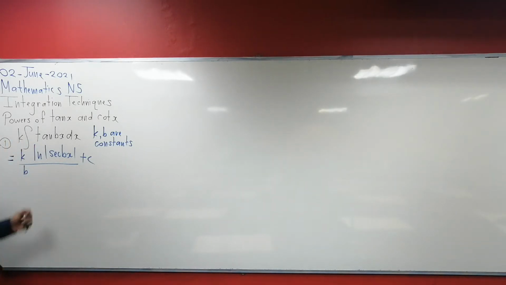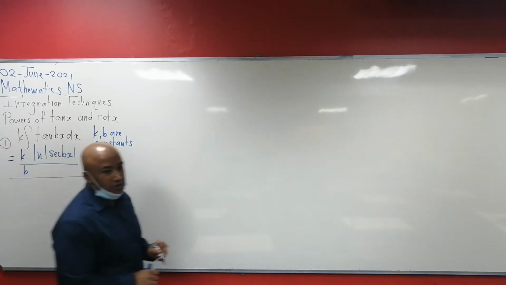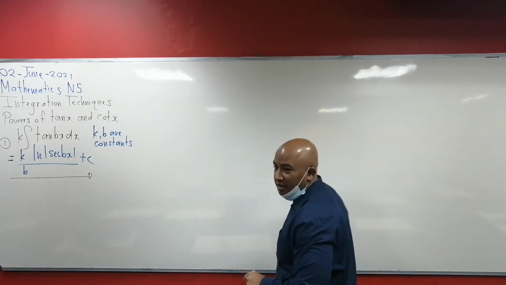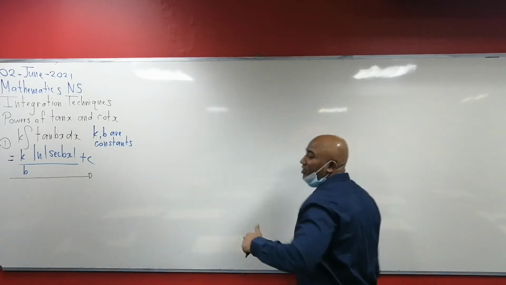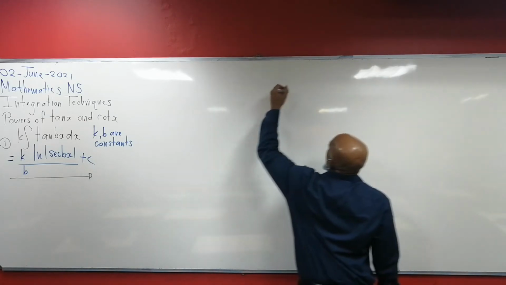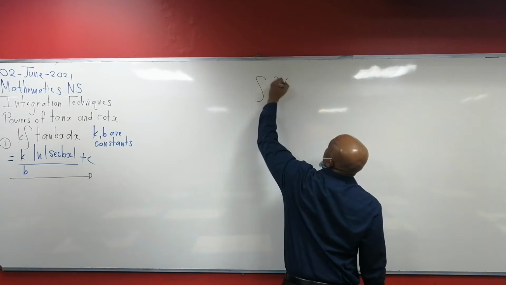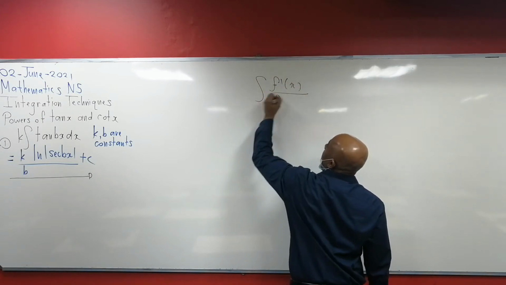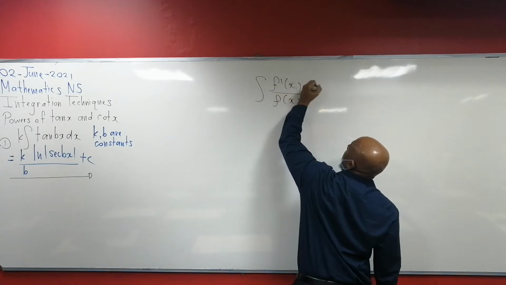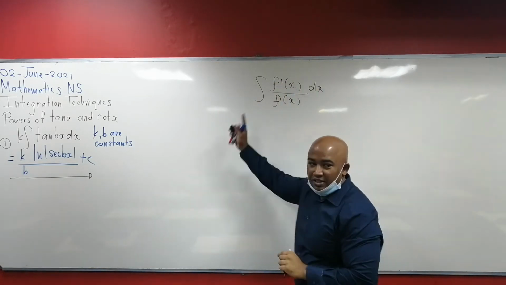But if you're wondering how we got the integral of tan, let me just show it to you quickly. How did they get that formula, ln of sec? If we go back to our N5 work, remember that when you have the integral of f prime x over f of x, this is the division type.